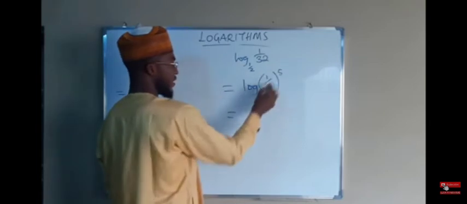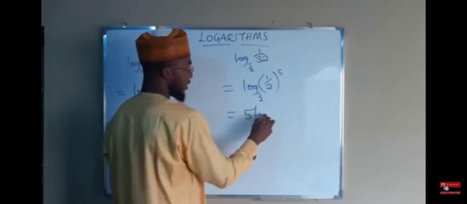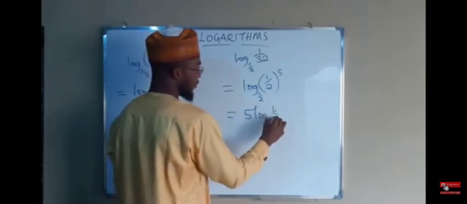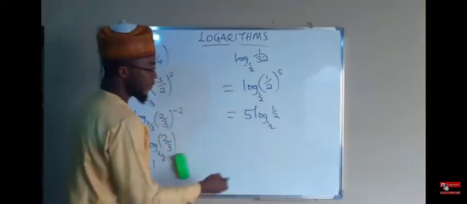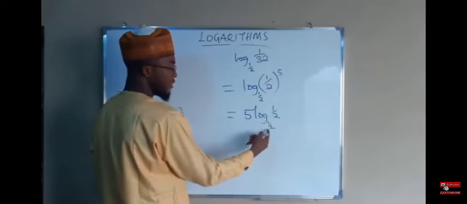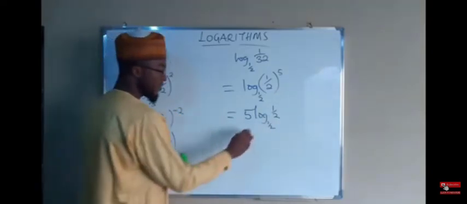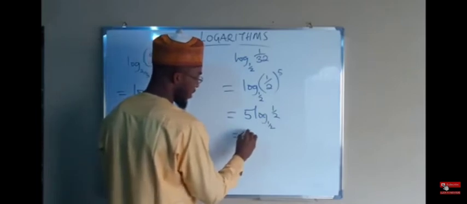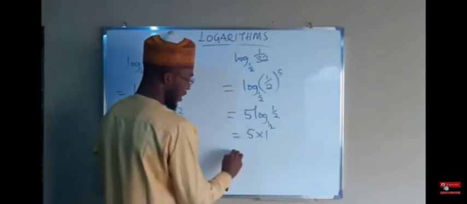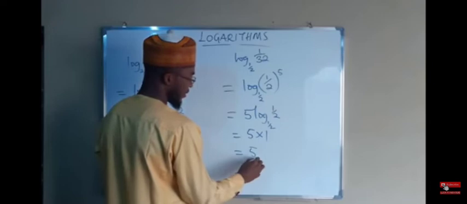This is the same thing as 5 multiplied by log of 1 over 2 base 1 over 2. The number and the base are the same, so the whole of this equals 1, so we end up having 5 times 1, and this equals 5.